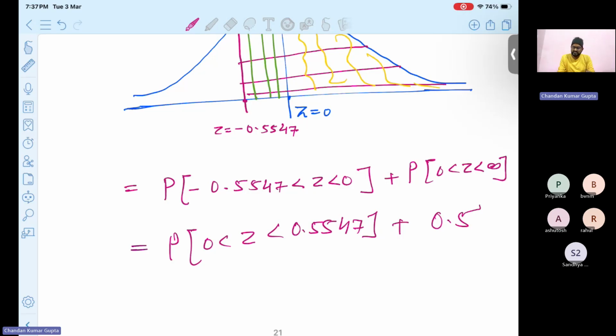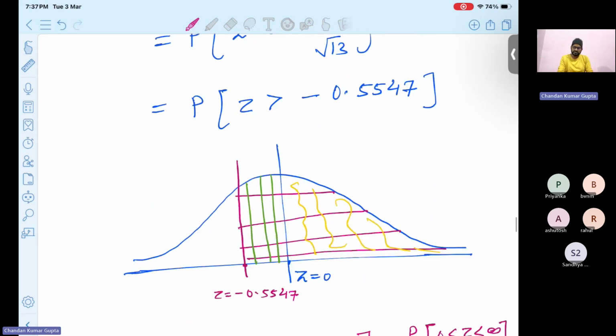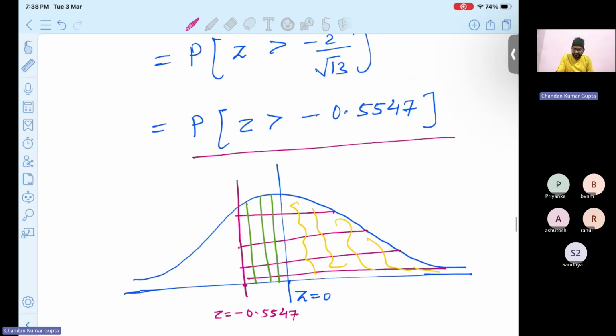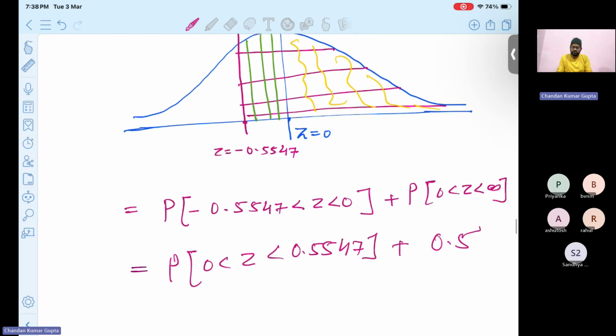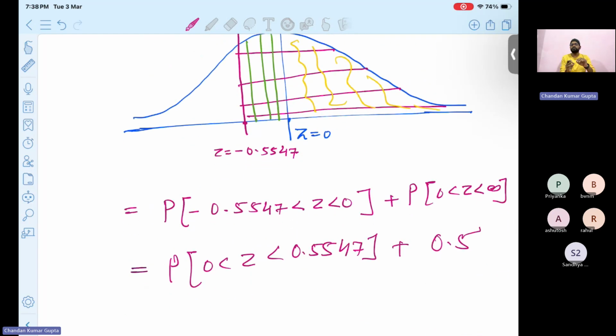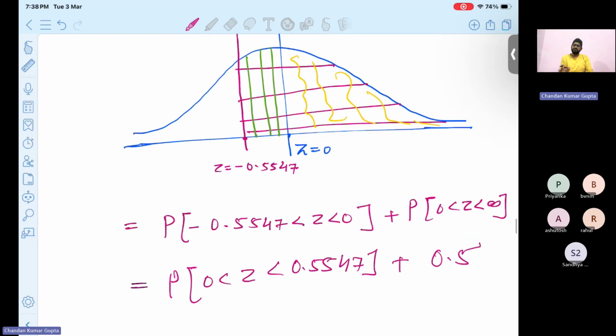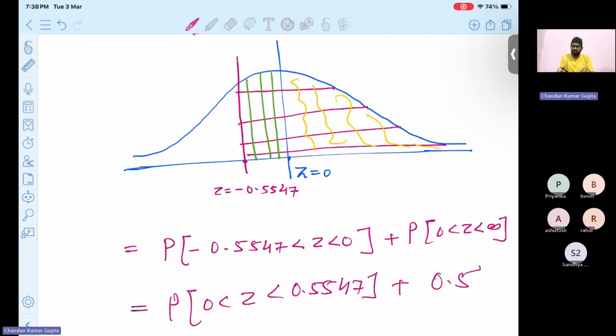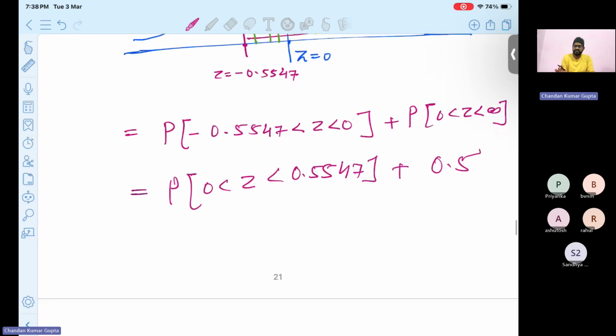I have written this expression in this format because in the last class we used the table, and for that we need to write it this way. If you have a different kind of table, you need to understand how to check the value. That's why I always tell you to draw the curve so that your concept is clear about which area you need to find.